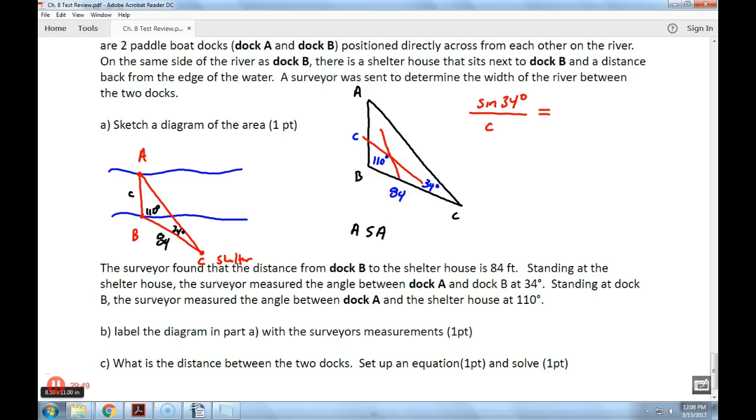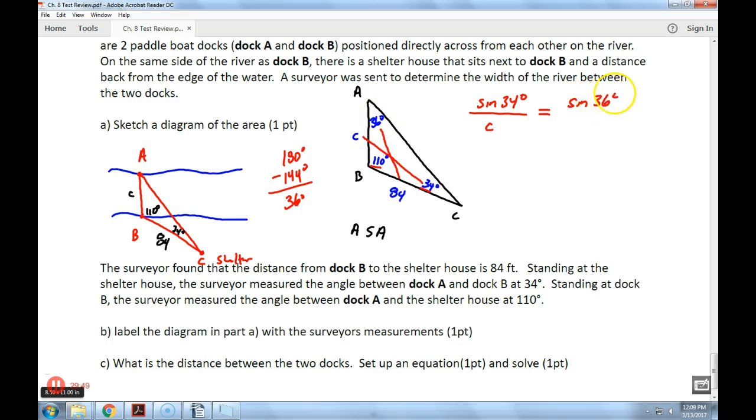But I can actually calculate that because 110 and 34 is 144 degrees. Subtract from 180, that's going to give me 36. So I actually know what angle A is. It's 36 degrees.